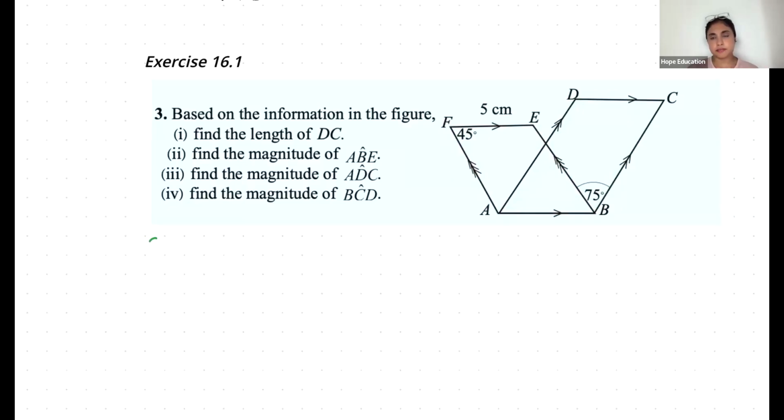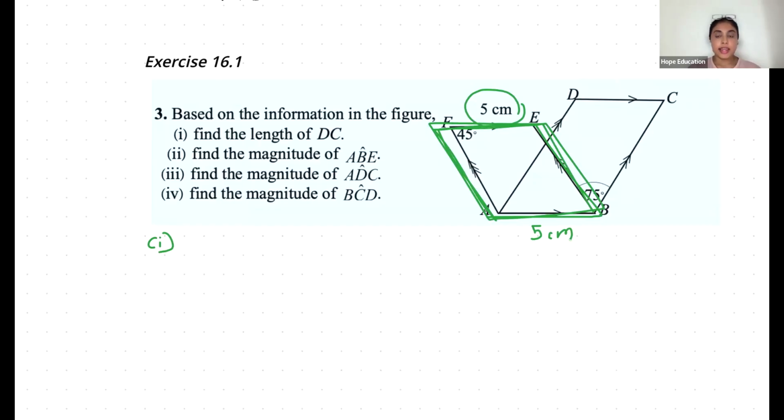DC is here. ABEF is a parallelogram, and you can see EF is 5 centimeters. If EF is 5 centimeters, AB is also 5 centimeters. Is that clear?